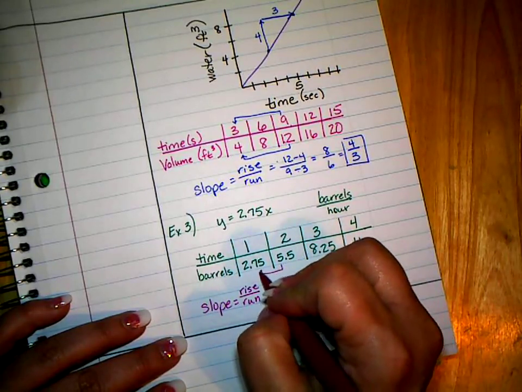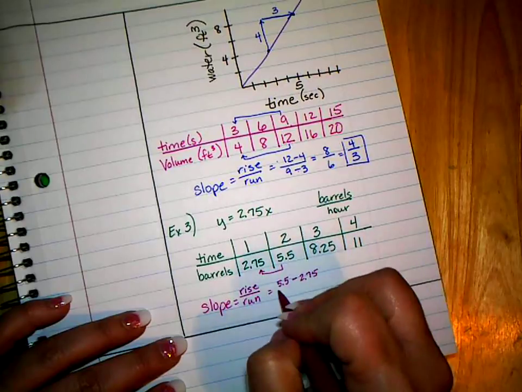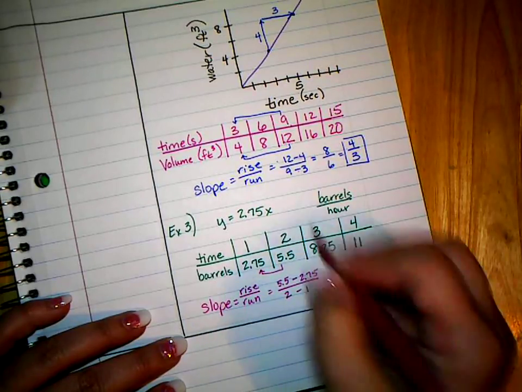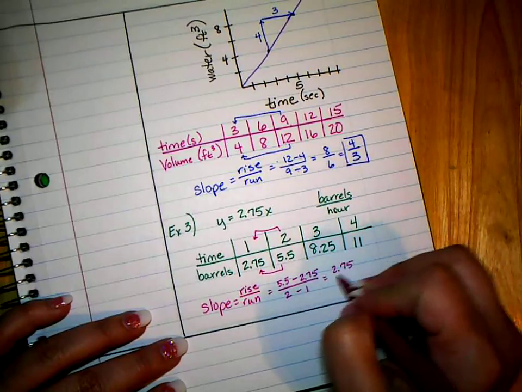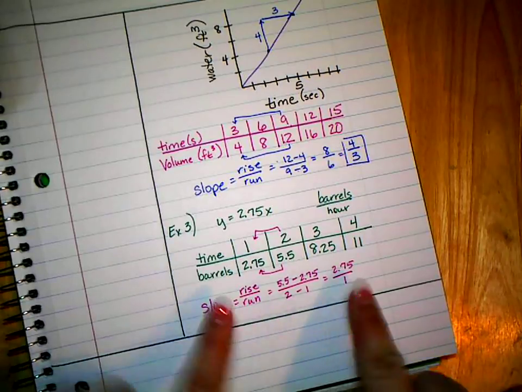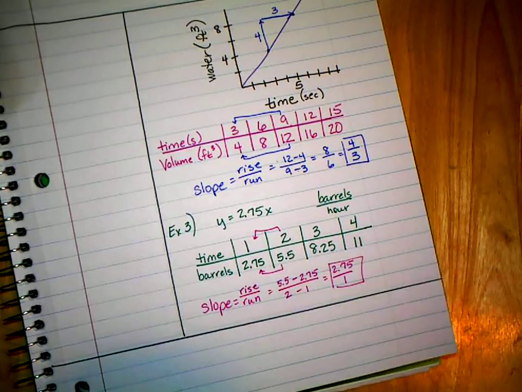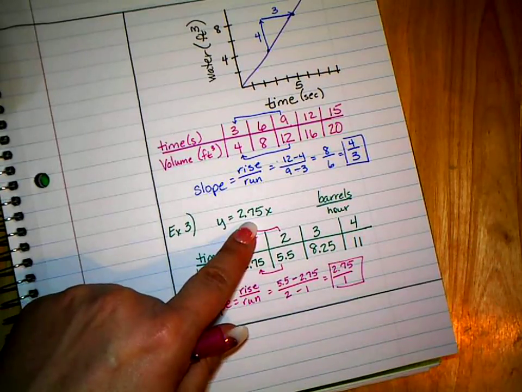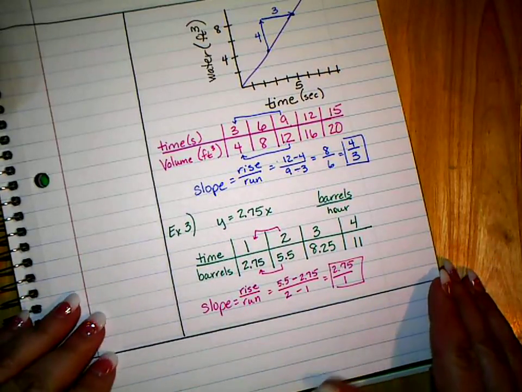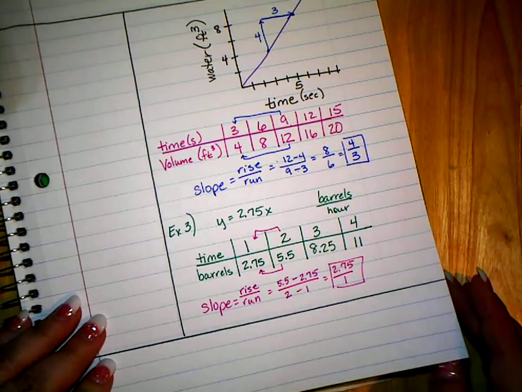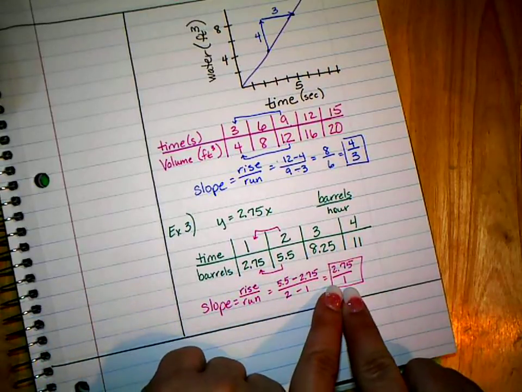So I could do that, which would get me 2.75 over 1. I could have used any of those to figure that out. But there's my slope, there is my unit rate, which is right there in my equation. And wherever you take 2 points, this should be the slope that you come up with.